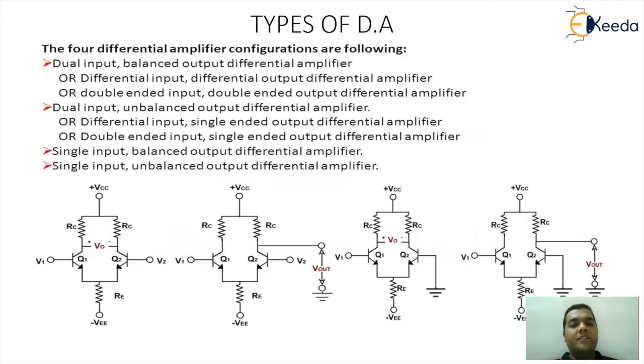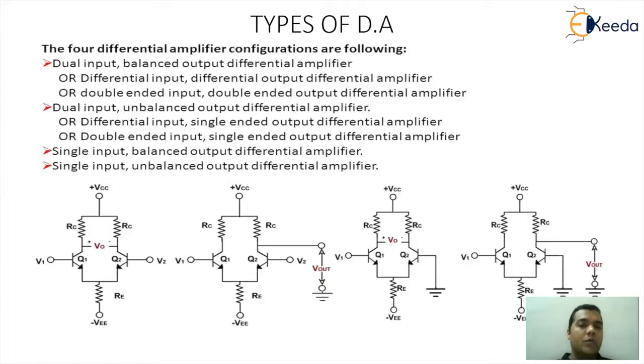In the previous session, we have seen the four types of differential amplifier. If you are able to recollect carefully, the four types were defined in terms of dual input, dual output; dual input, single output; single input, dual output; and single input, single output.